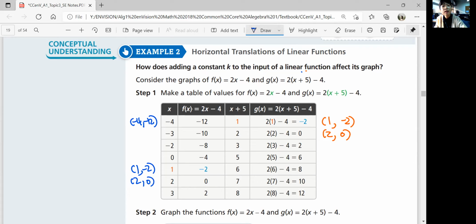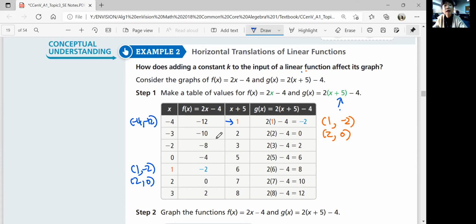So you can get the same points when you substitute a different value that follows the rule here, x plus 5. Okay, if your x is -4 and you add 5, that's 1. If you substitute that to g of x, that's when you get 1, comma -2.